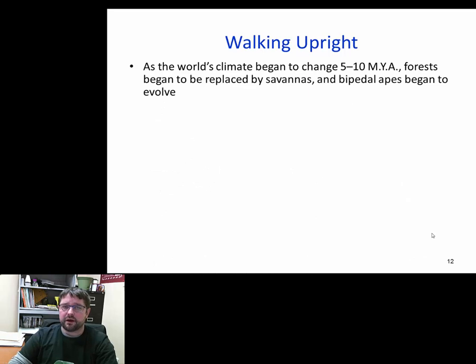So walking upright, why? We're not entirely sure, but we do know that the habitat around 5-10 million years ago was changing. The climate was changing, and so the forests were being replaced with savannas, so it became much more dry. And we think that probably bipedalism began with the ability, because Australopithecus and the Homo line were really scavengers.